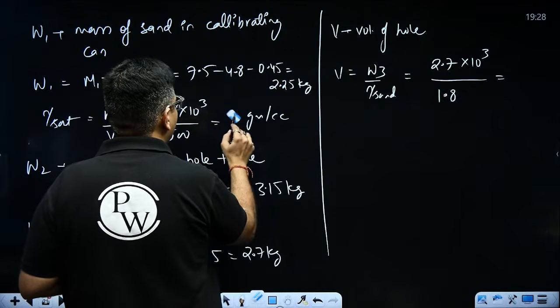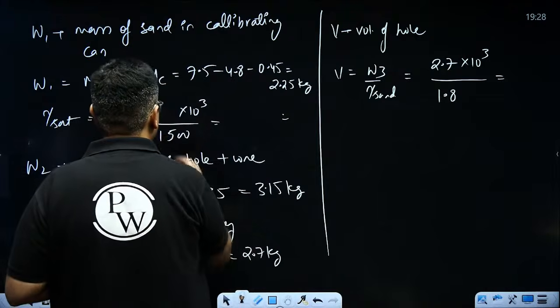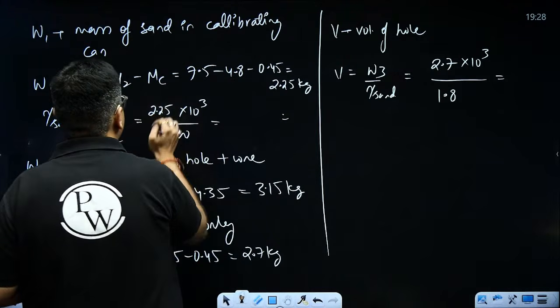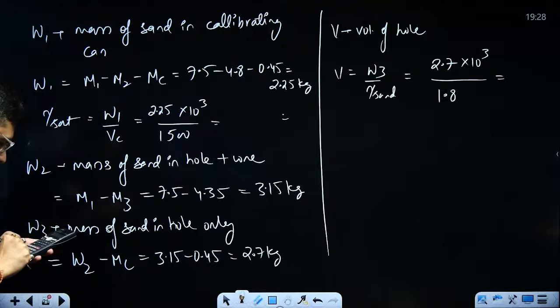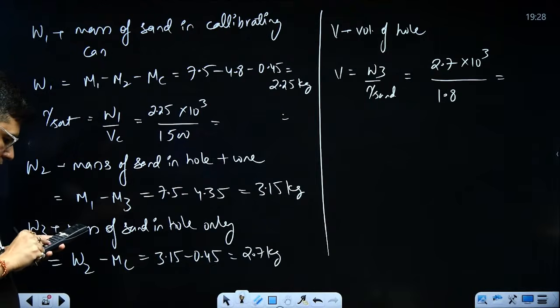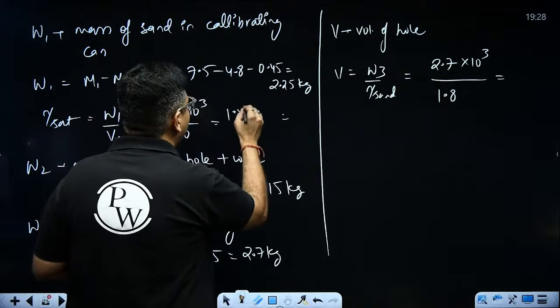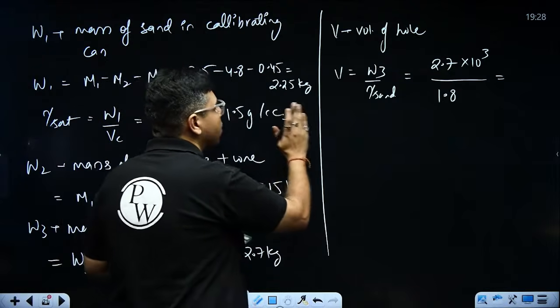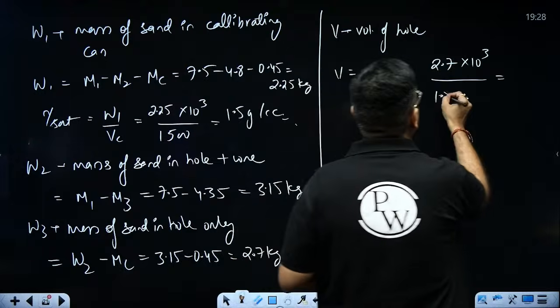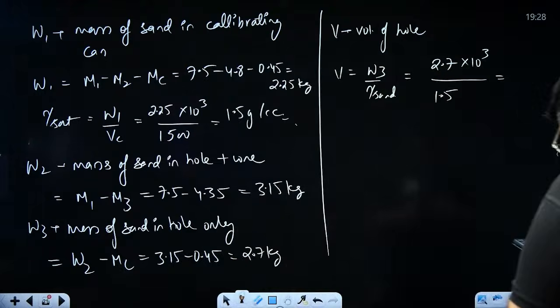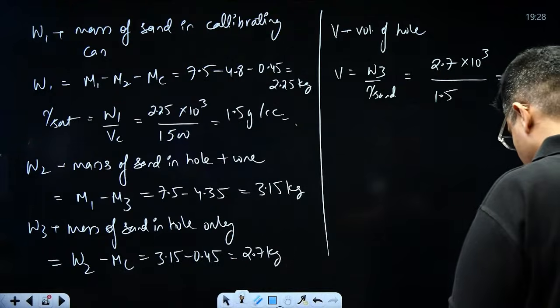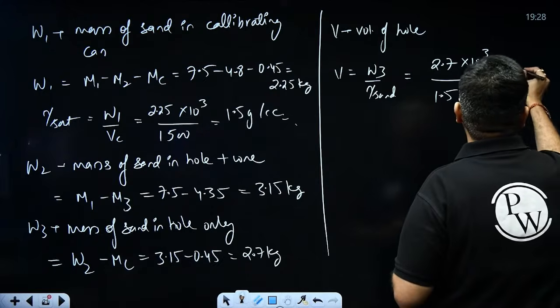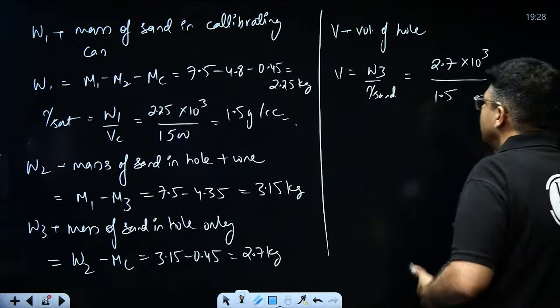This should be corrected. This is 1.5 gram per cc now. Now you will get the correct answer. This will come out to be 1800 cc.